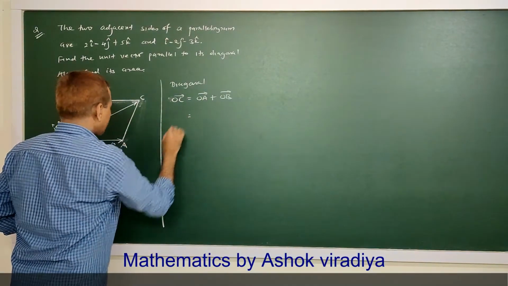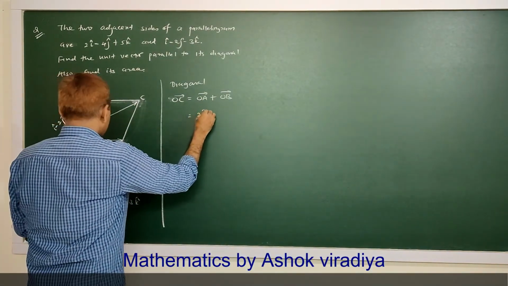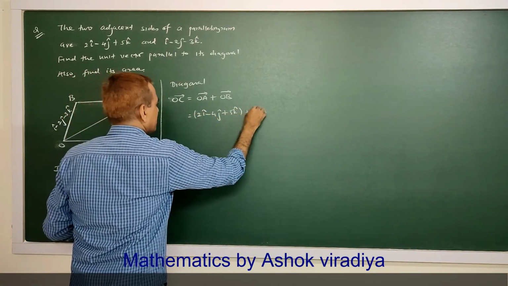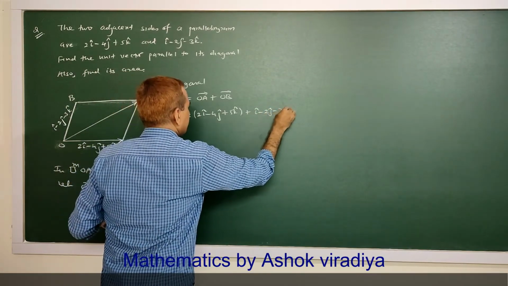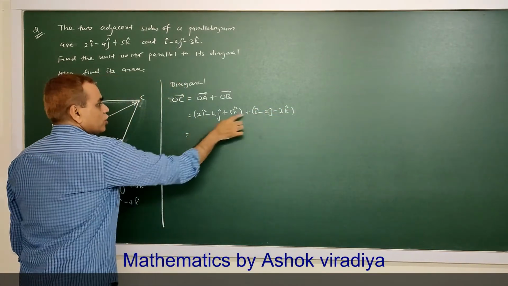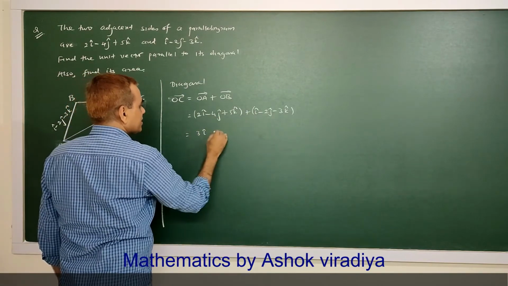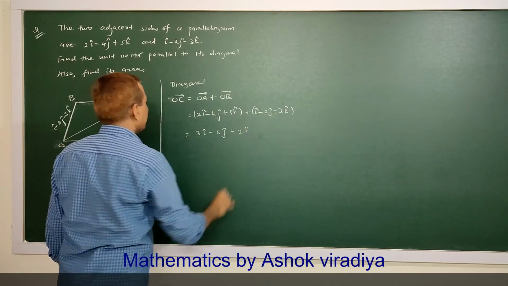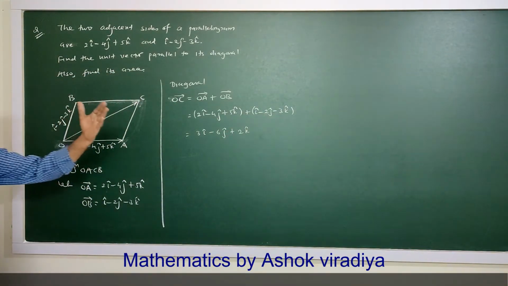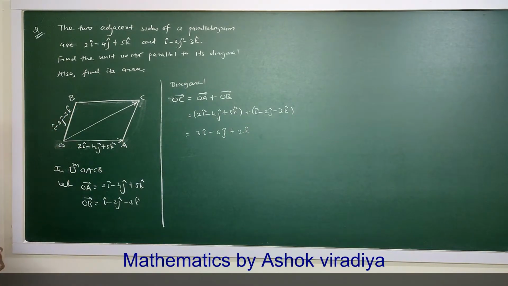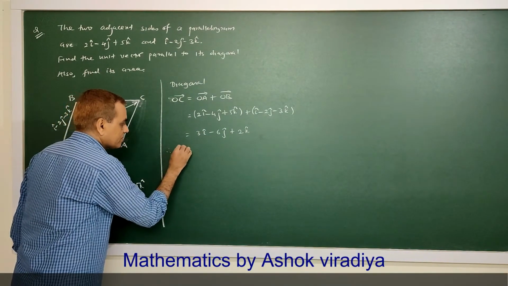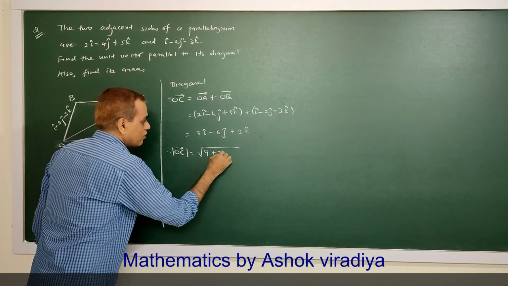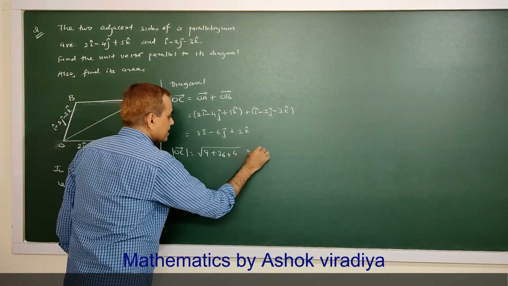So that is OA, 2I minus 4J plus 5K, plus I minus 2J minus 3K. So that is 2 plus 1 is 3I minus 6J, 5 minus 3 is 2K. So this is a vector along a diagonal. We find its magnitude. Magnitude is the square root of 9 plus 36 plus 4. So it is 7.